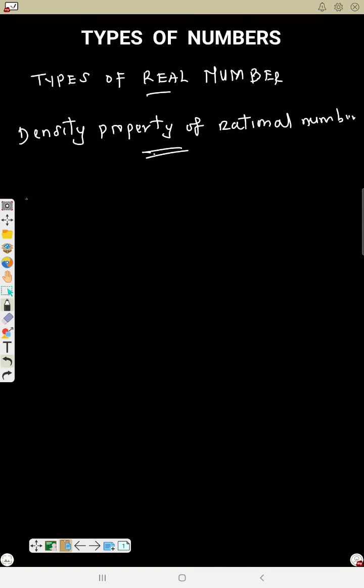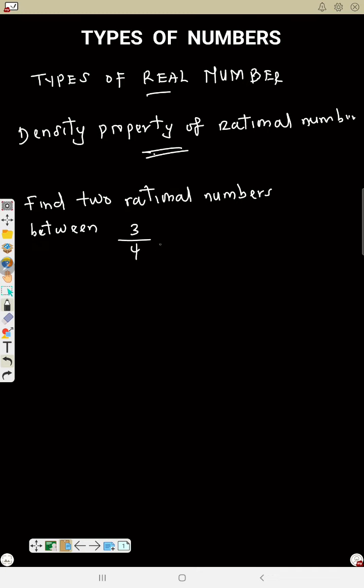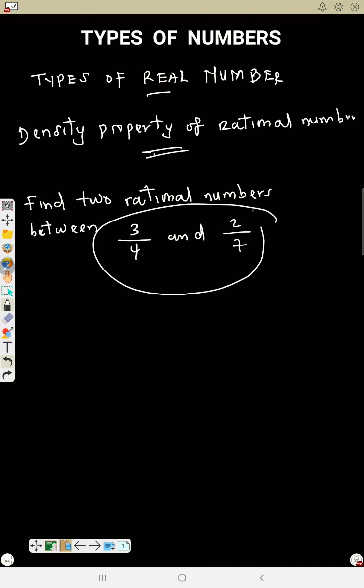For example, if I say find two rational numbers between 3 over 4 and 2 over 7.